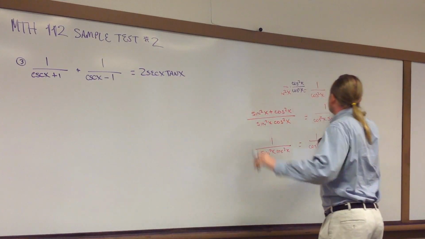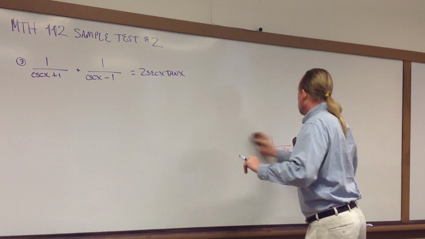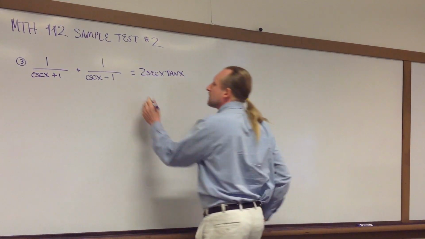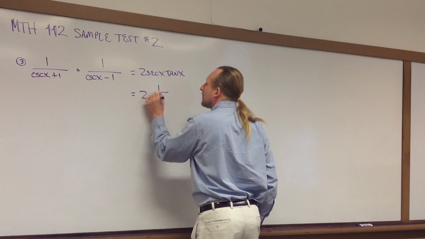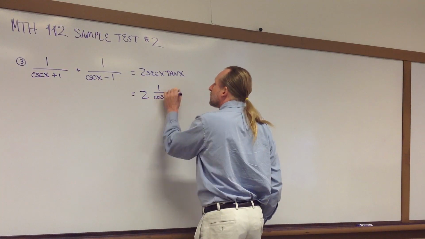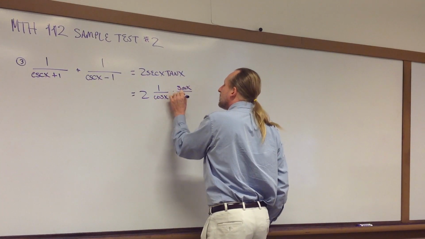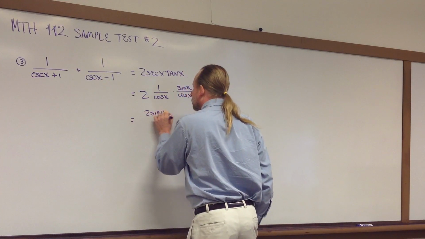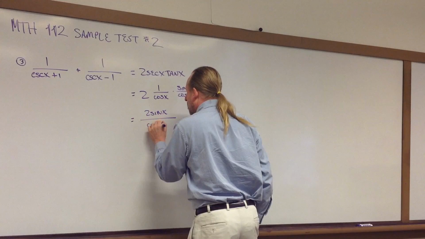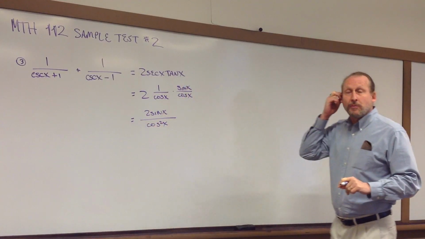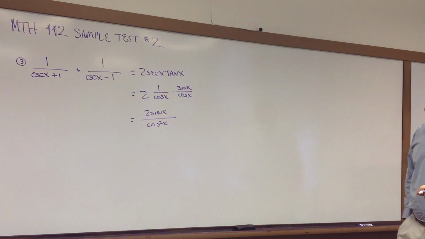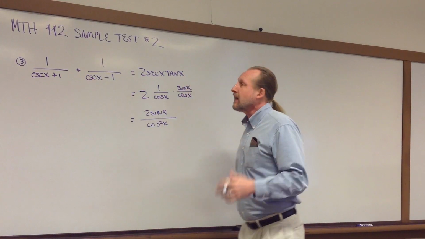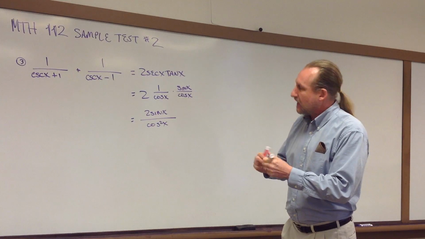Alright, let's see here. I think it'll be helpful to rewrite everything in this problem in terms of sines and cosines. So that's 1 over the cosine, and this one, it's sine over the cosine. So we end up with 2 sine x on top and cosine squared x on the bottom. Okay. Over on this side, we want to make a common denominator so we can add these two fractions together.